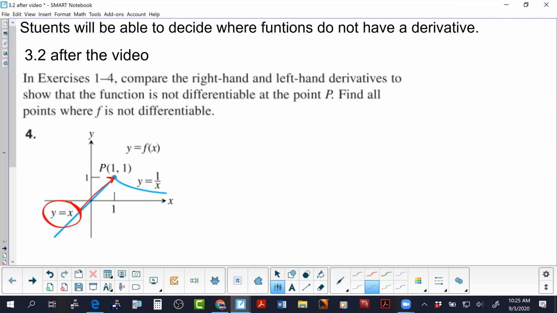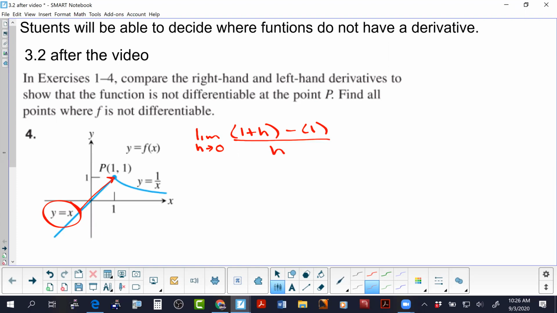Limit, let's see, we're approaching 1. So the limit as h approaches 0 of f of 1 plus h minus f of 1 over h.